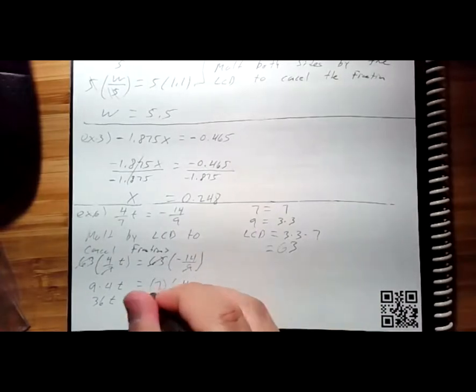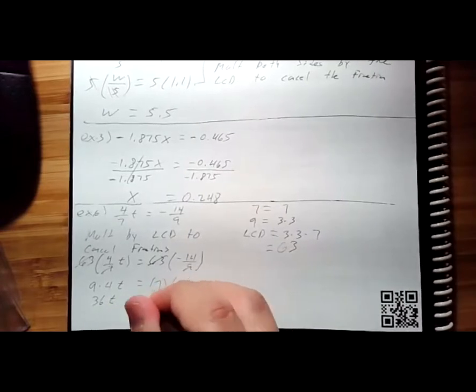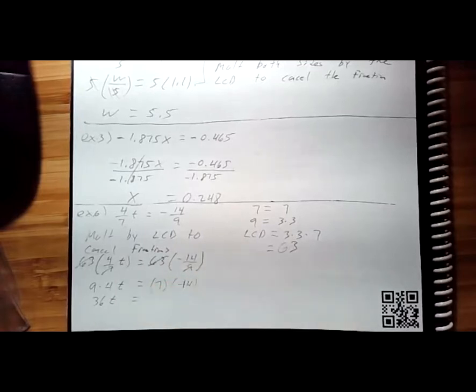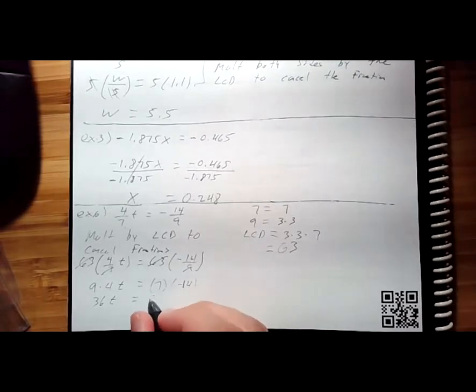So 7 times 14, what is that? 98, right? Yeah, 98.